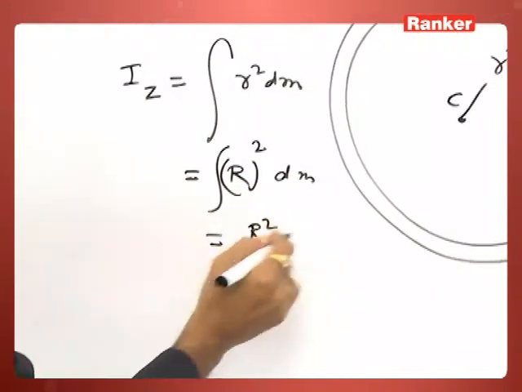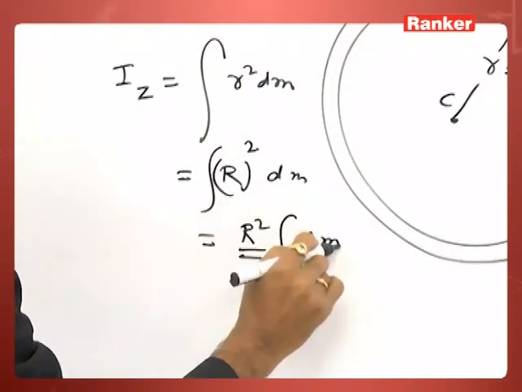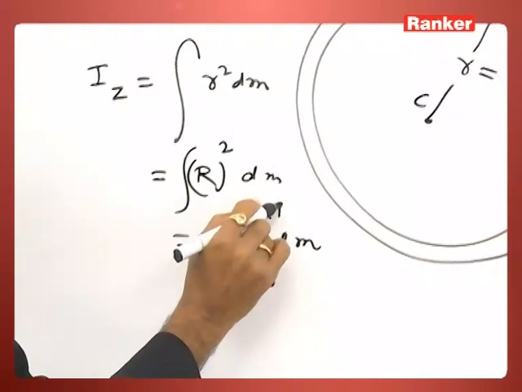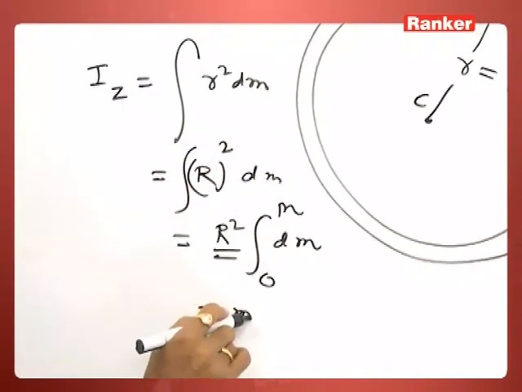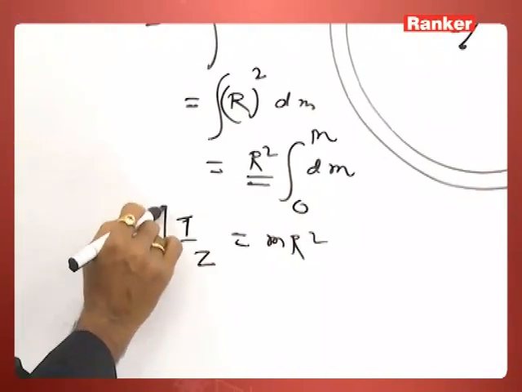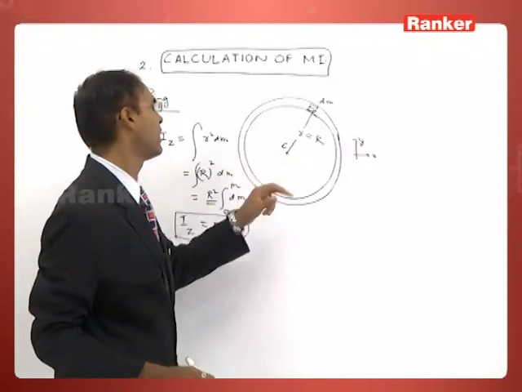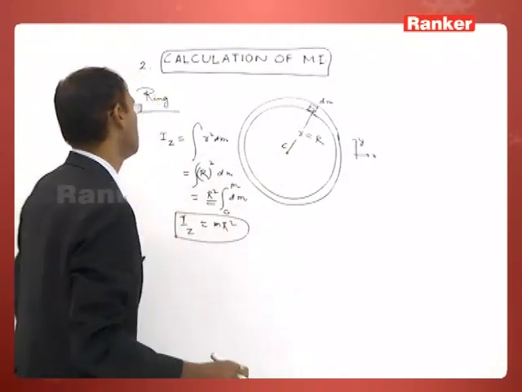Take R square out of the integral because it is a constant quantity for all the points of the ring, from 0 to the mass of the ring. So, MR square is the moment of inertia of the ring about the central axis passing through its center.